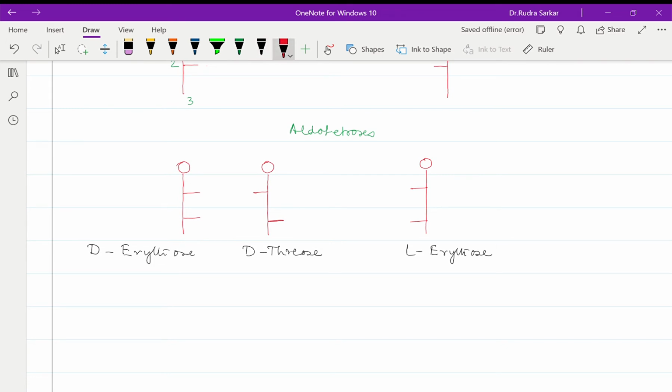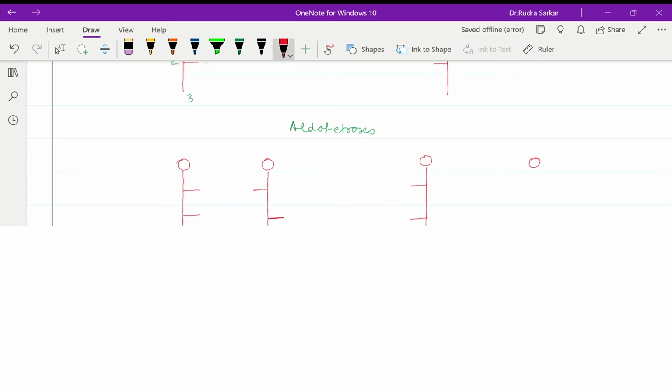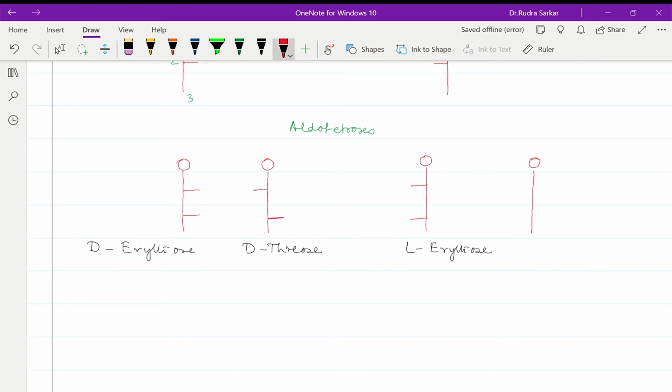What should be your L-threose? For that you write just the mirror image of this molecule. That one, and the group is like that. So this is called your L-threose.